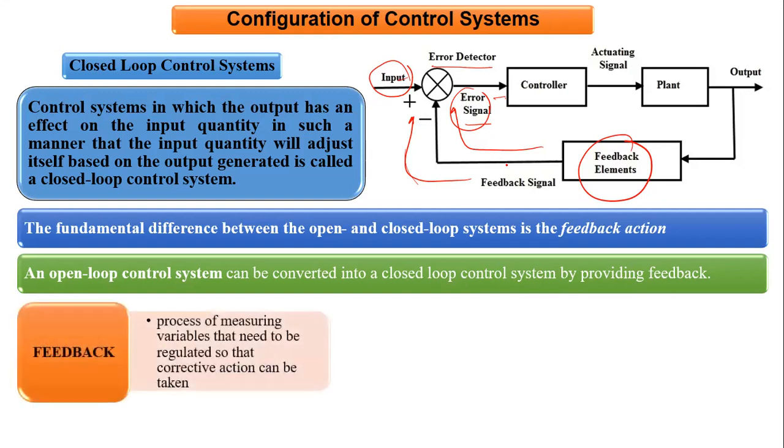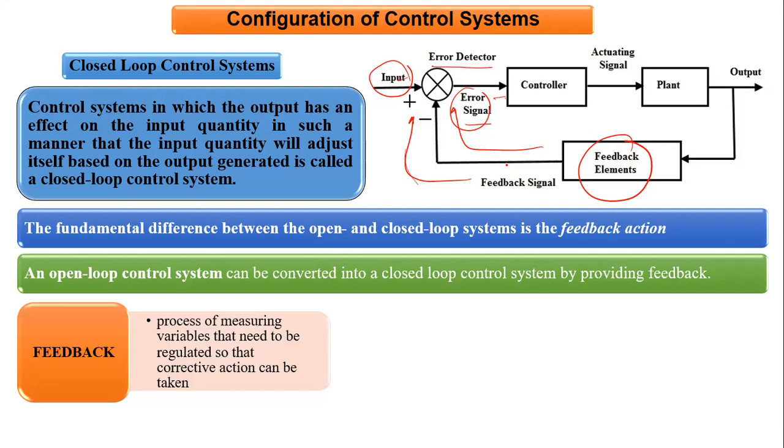However, in a closed loop control system, we have a feedback mechanism. We have the provision to monitor, to measure the response of the plant and give that signal as a feedback value, compare it with some reference value, generate an error signal, and in this way we can keep on adjusting the output or response of the system. Now, what is feedback?